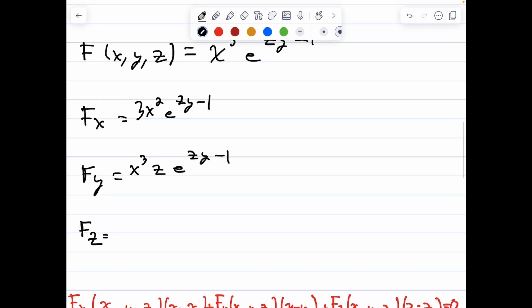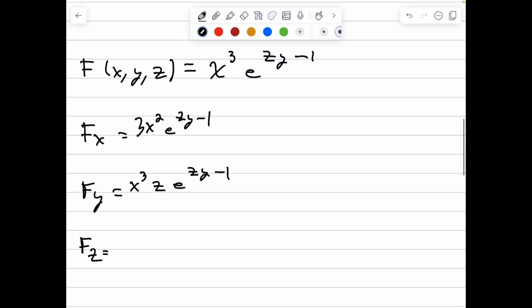Remember, with Fy, y is the variable, x and z are the constants, so that's why that would work out. I recommend that if you have a chance, please pause the video and try these partials yourself. For Fz, we'd have x cubed times y e to the zy minus 1.